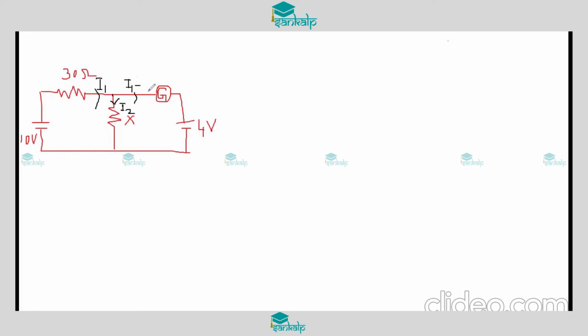In this part I1 minus I2 is flowing. Now the current through the galvanometer is nothing but I1 minus I2 is equal to 0.